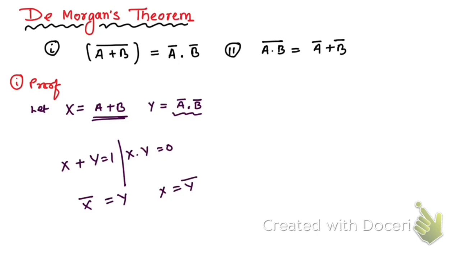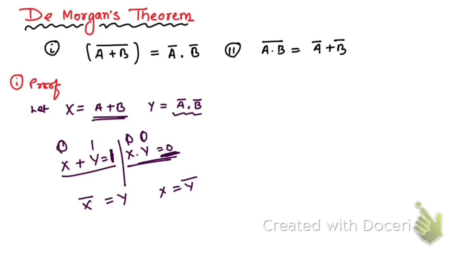This can be 1 if both equal 1, or any one of them equals 1. If both equal 1, you cannot get 0 here. If both equal 0, you get 0 here, but you're not going to have 1 here.